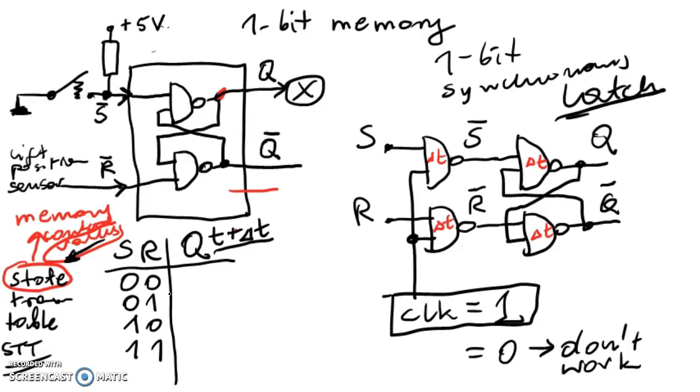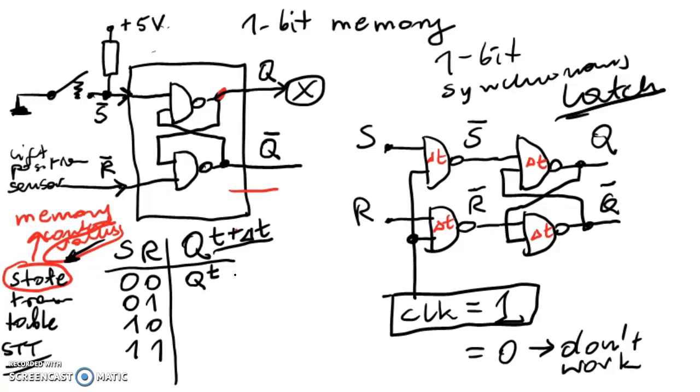So S R equal to 0 0, what does it mean? If the clock is 1, it is allowed to operate. So you've got 0, 1, 1 here. 1, 1 here means don't change anything. So you are in the same state as before.